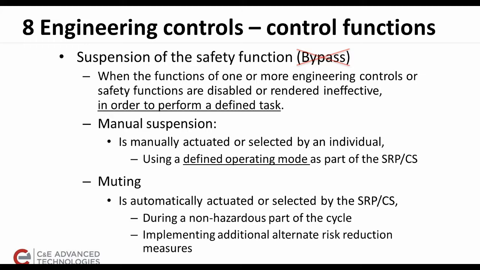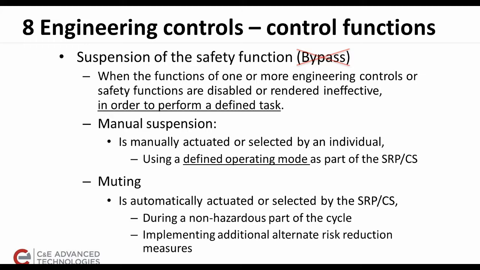These may be initiated either manually using a defined operating mode, such as I indicated before, stringing the arc welding wire where the gate would prevent the ram from moving, but with the manual suspension mode of that gate interlock allows the feed rolls for the wire, for example, to move.